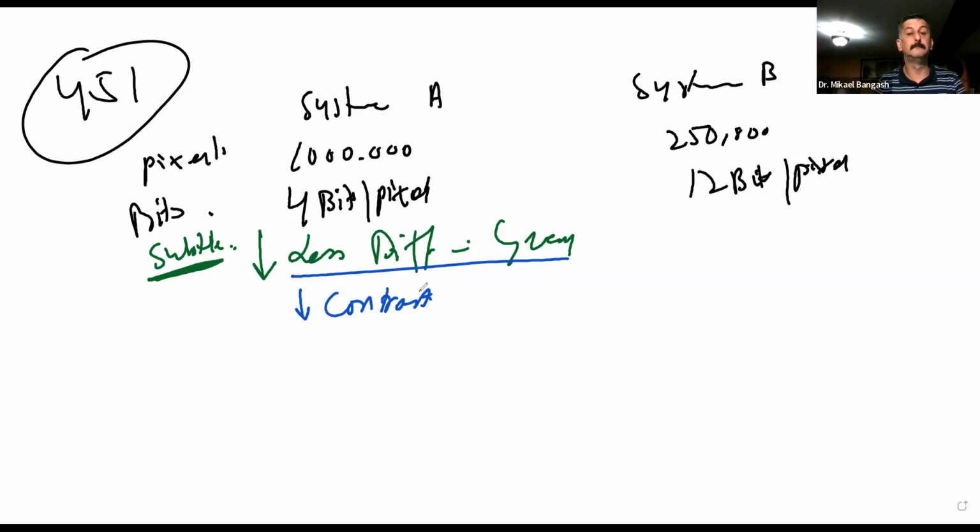Or we could say better contrast resolution. And what is going to determine a better contrast resolution?